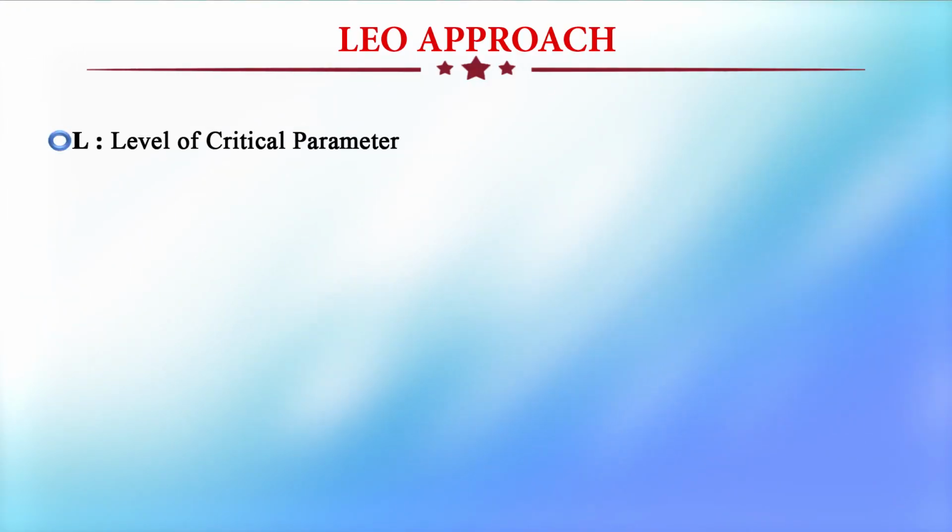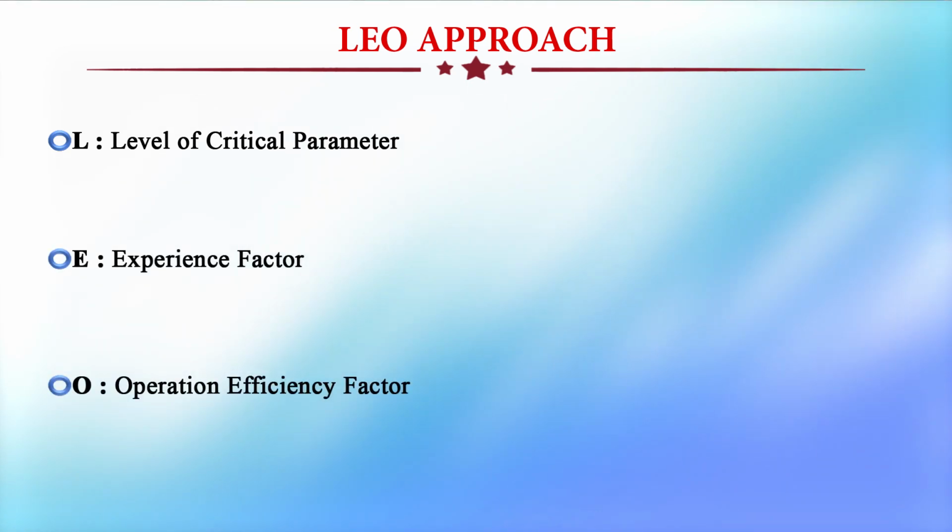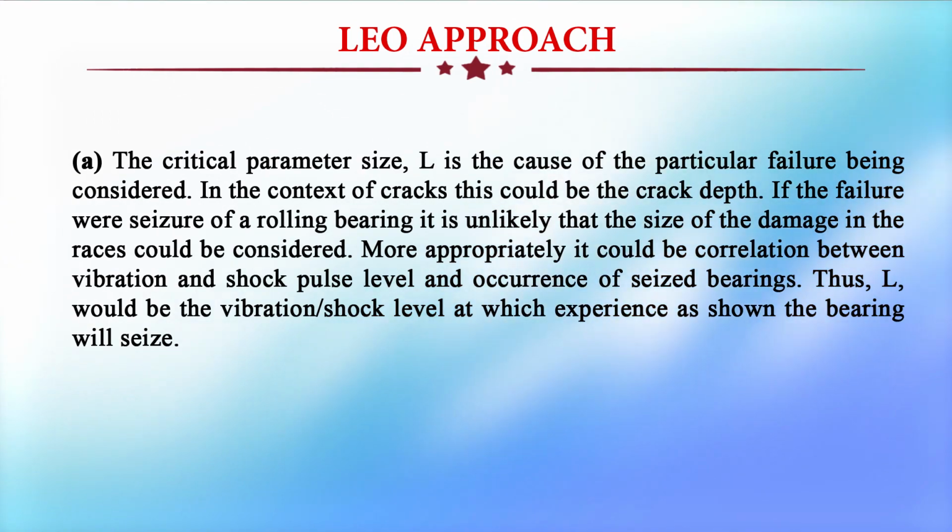LEO: L is equal to level of critical parameter, E is equal to experience factor, and O is equal to operational efficiency factor.